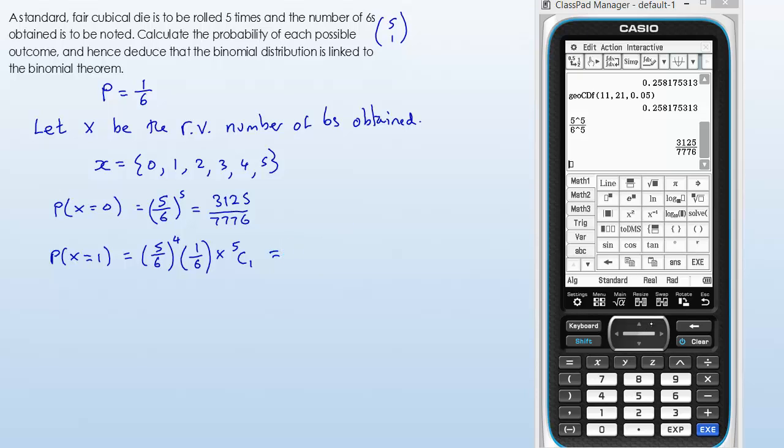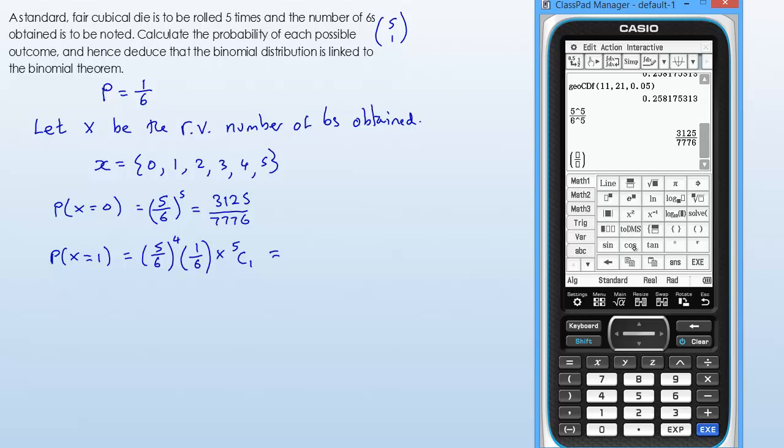So what do we have? So we've got these brackets, so we've got 5 over 6 to the power 4 multiplied by 1 over 6, and then we're going to multiply that by 5 choose 1.